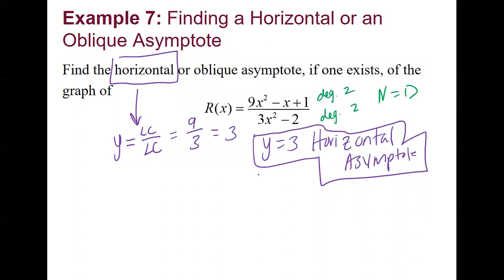Okay, so if the degree of the numerator equals the degree of the denominator, all we have to focus on is the leading coefficients. How does that sound? Doable? Yeah. It was easy. I'll take it.